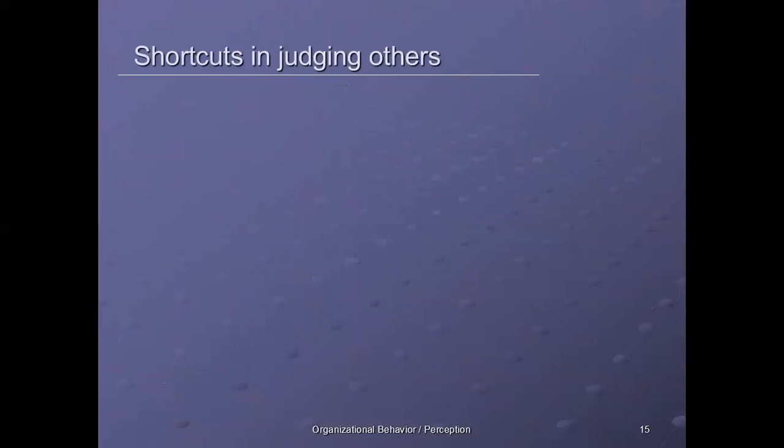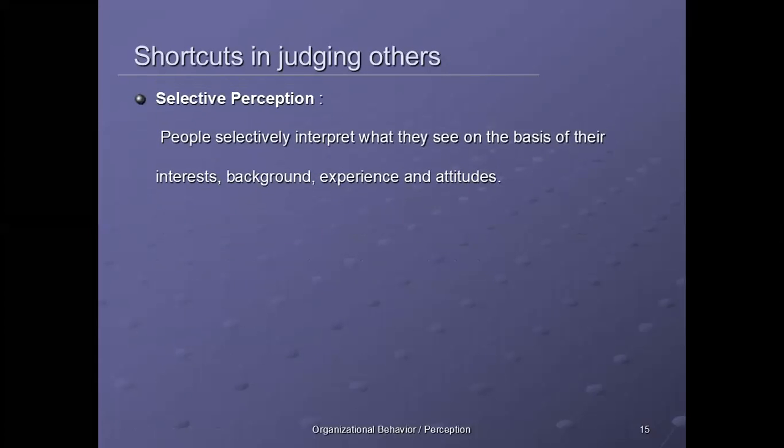So what are the different shortcuts that we use in judging others? A lot of times, we take just a few nanoseconds and then pass a judgment. And then we say, they are behaving in this manner only because of this. The first one is called selective perception. People selectively interpret what they see on the basis of their interests, background, experience, and attitude.